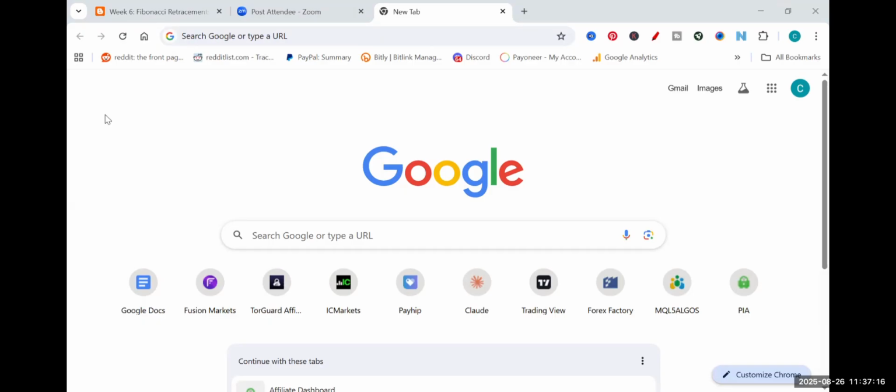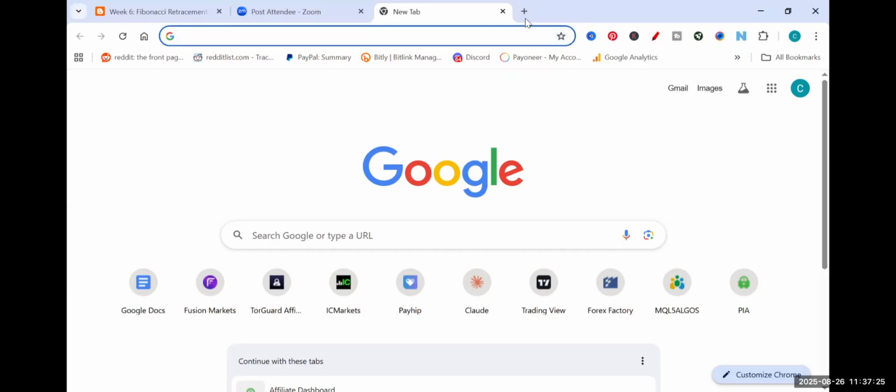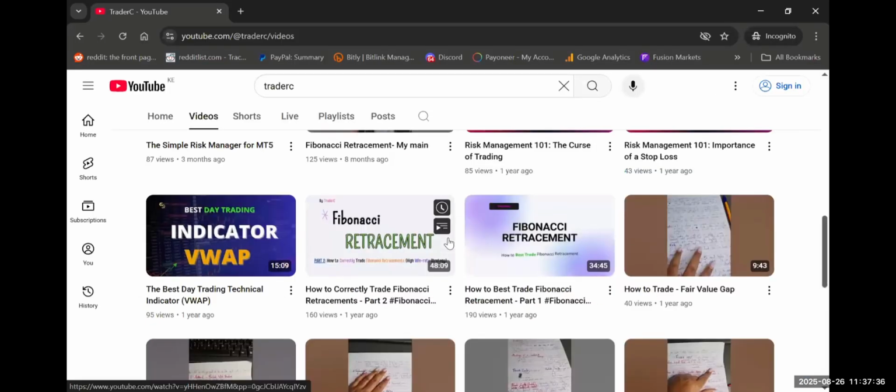Sorry, are you sharing your screen? Let me see. No, not really. Let me see if I can share. Okay, I can share. Can you see the Google page? Yeah, I'm seeing the Google page. Okay, right now, can you see my screen? Yeah, now I can see.